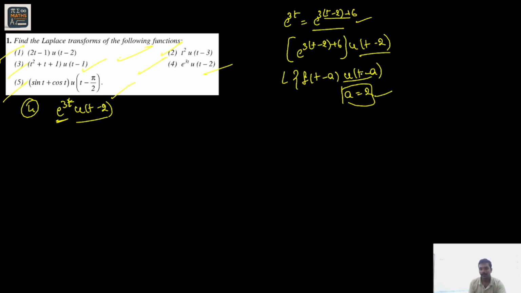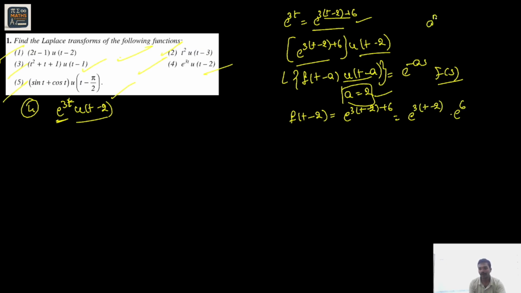If we apply Laplace for this term, then we get e power minus as into f of s. For f of s, first we find f of t from the given function. This term is f of (t minus a), where a is 2. F of (t minus 2) is equal to e power 3 of (t minus 2) plus 6, converted and written in this form. This term can be written as e power 3 of (t minus 2) into e power 6.